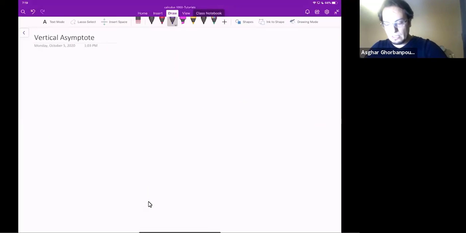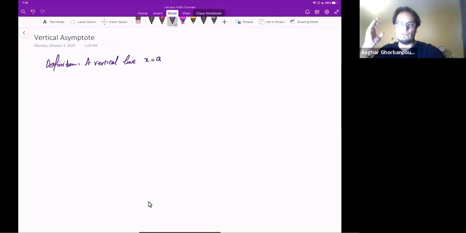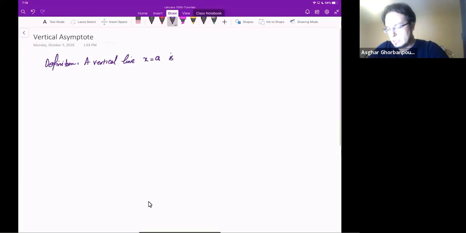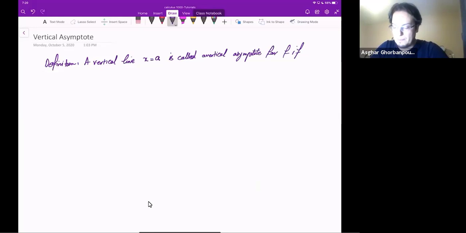Okay, how about vertical asymptotes? So the definition is just straightforward. A vertical line such as x equal to, remember the equation for vertical lines is x equal to a number, is called a vertical asymptote for f if one of these happens.